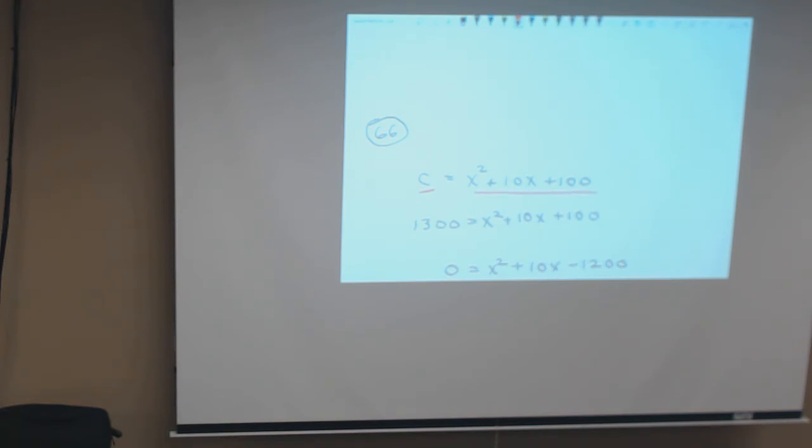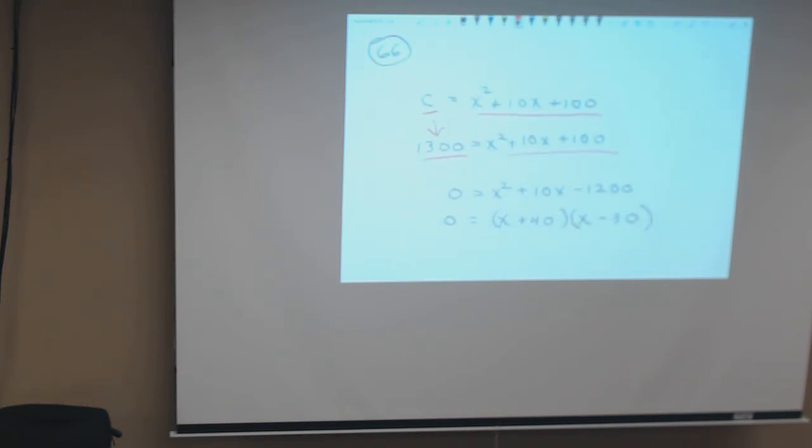If $1,300 was spent serving customers, so the cost is $1,300, that equals this number here. Then subtract 1,300, and you get 0 equals x squared plus 10x minus 1,200.